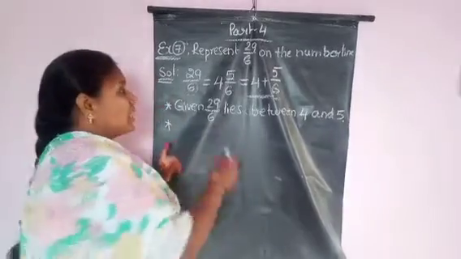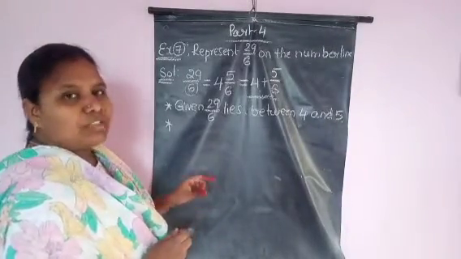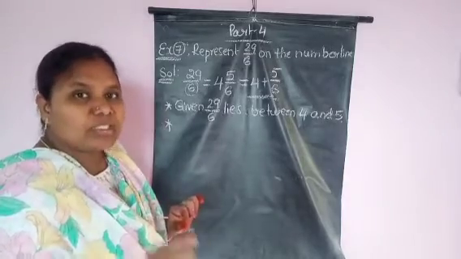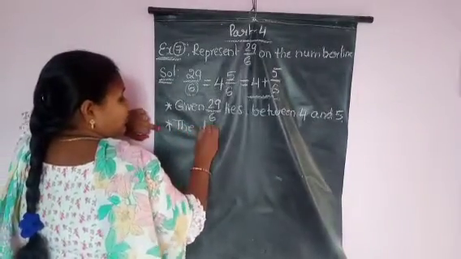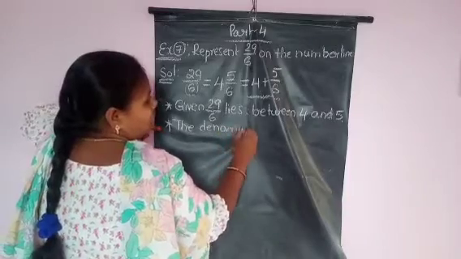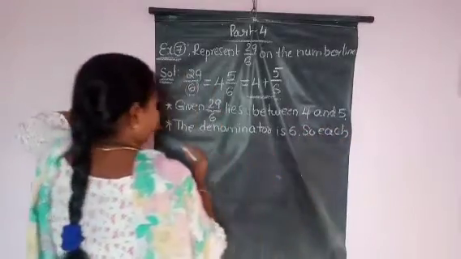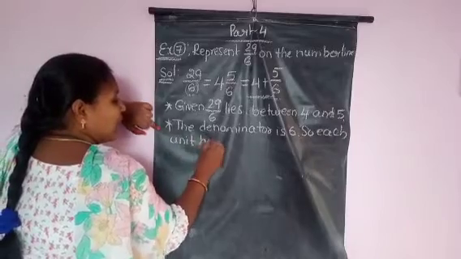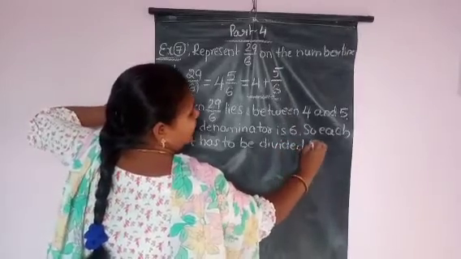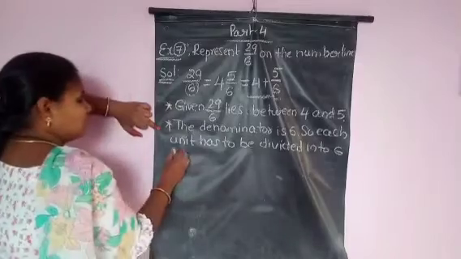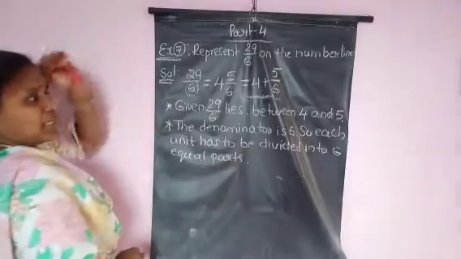In this case the denominator is 6, so we need to divide each unit into 6 equal parts.